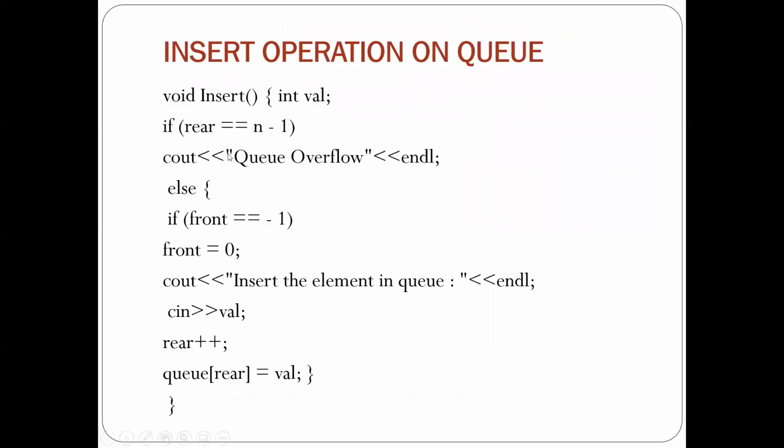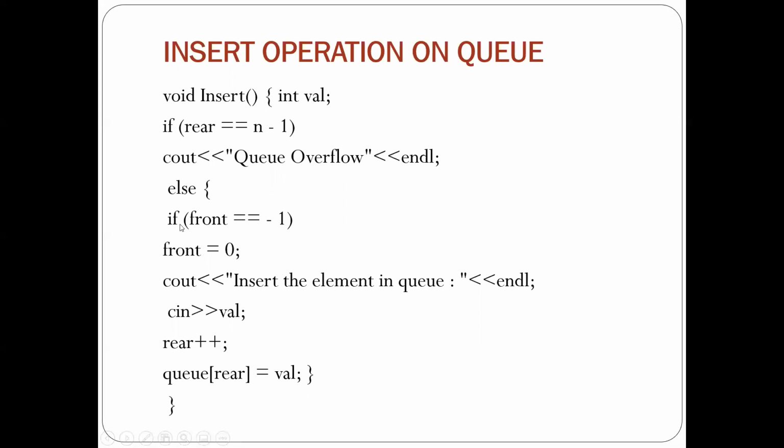Now this is the code related to the insertion operation. Whenever we want to insert any item, as I told you, first we have to check the queue overflow condition. The queue will be overflowing if your rear is at the last position, that is, if rear is equal to n minus 1, we can say the queue is full.